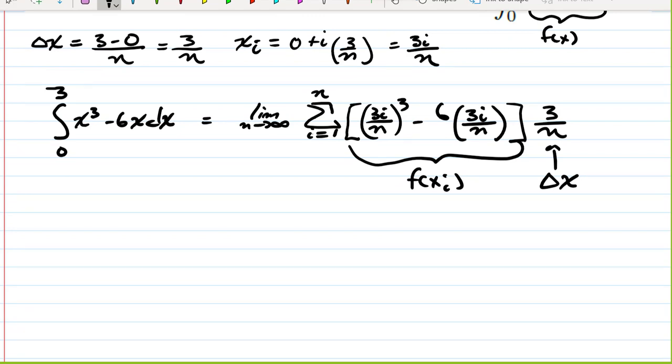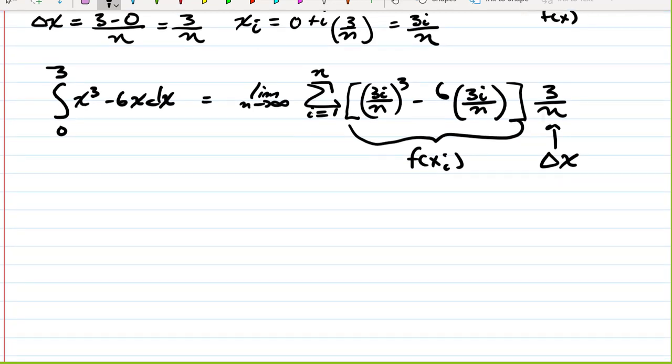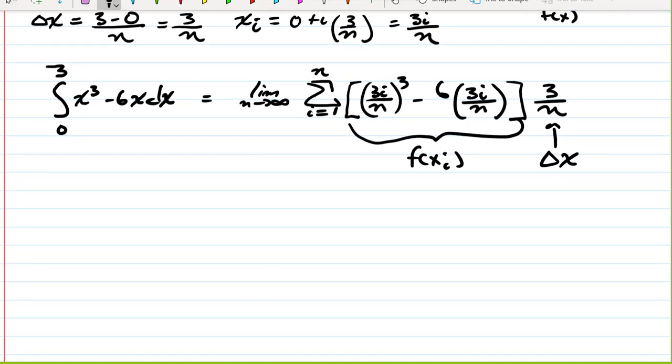So 3i over n cubed, if we start multiplying all of that out, so we have the limit as n goes to infinity of the sum as i goes from 1 to n.